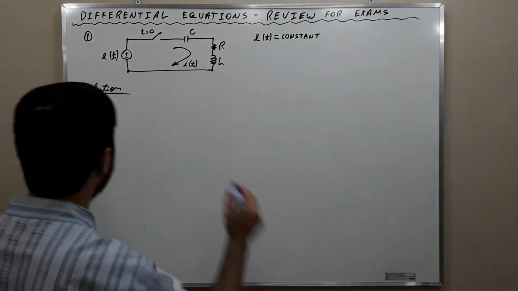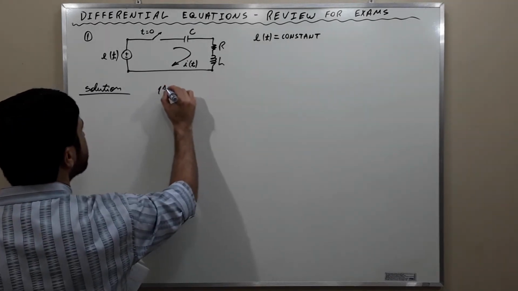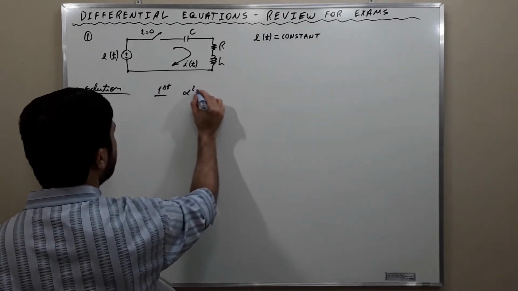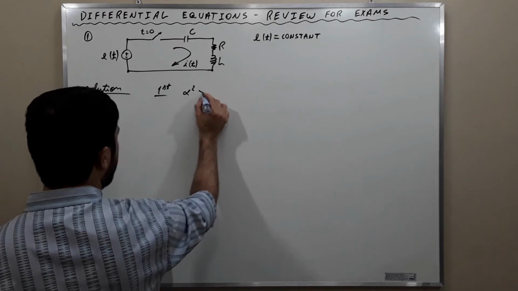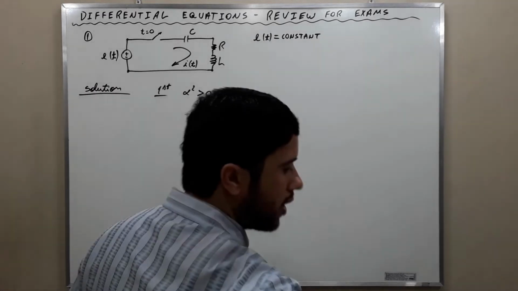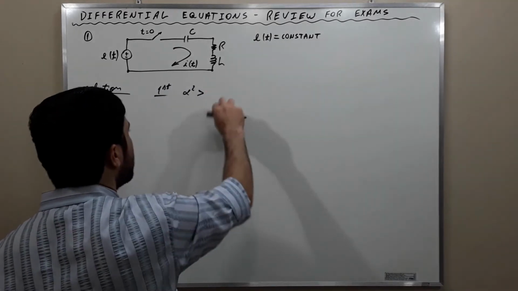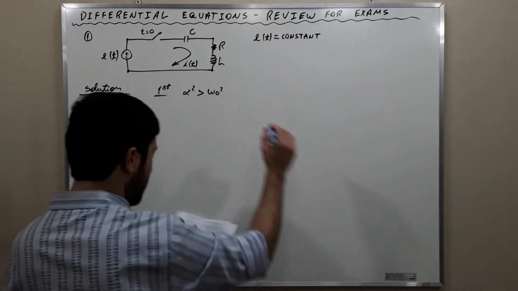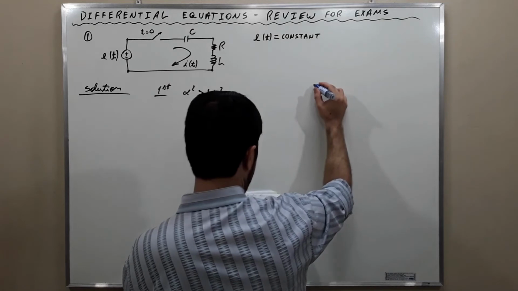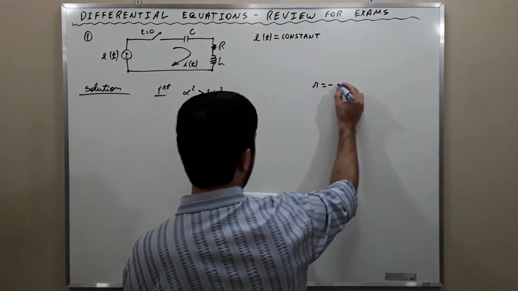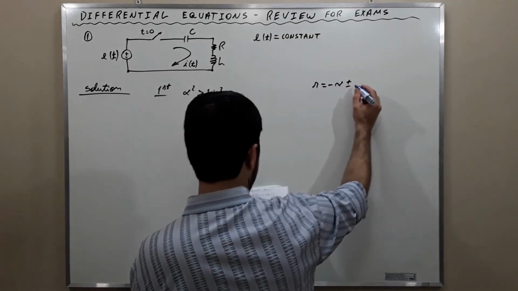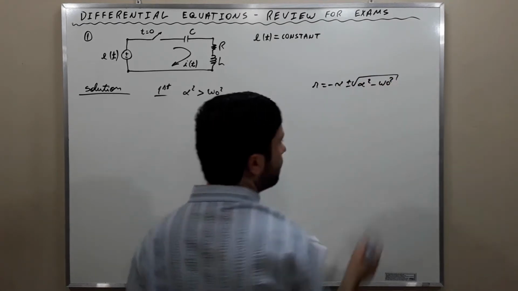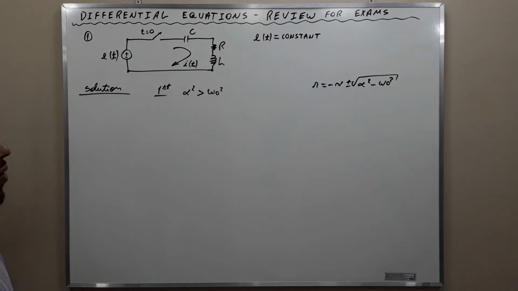Let's see the first, when alpha squared is greater than w0 squared. Remember that we are evaluating r equal to negative alpha plus or minus the square root of alpha squared minus w0 squared. Okay, we are evaluating this.